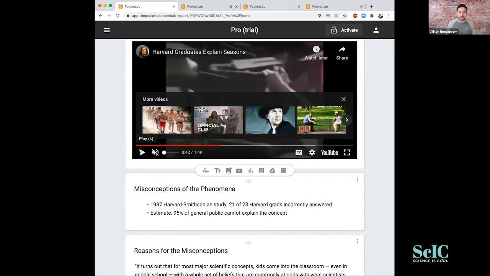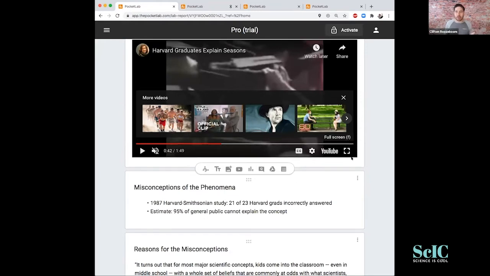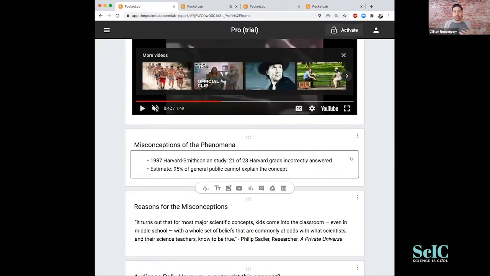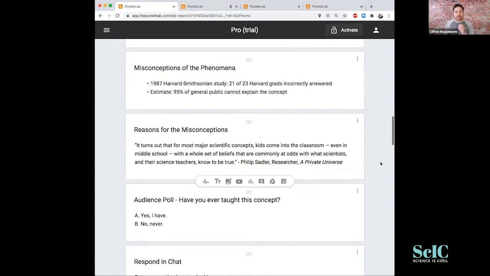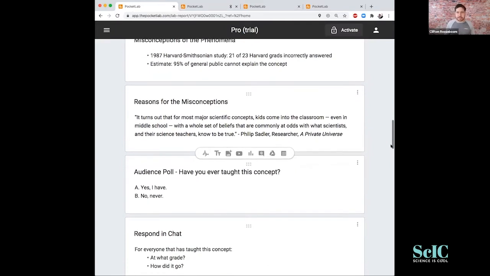And why is this misconception so pervasive in a concept that we've probably all learned at least once, maybe multiple times in class? Philip Sadler, one of the authors of the study, is saying that for most major scientific concepts, kids are coming in with a whole set of beliefs that are commonly at odds with what scientists and science teachers know to be true.